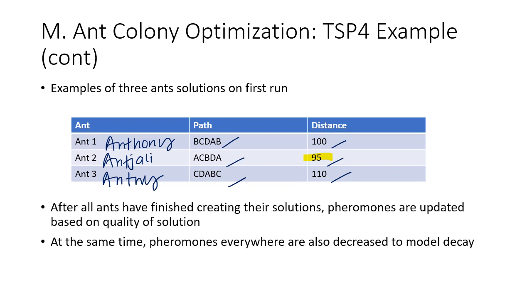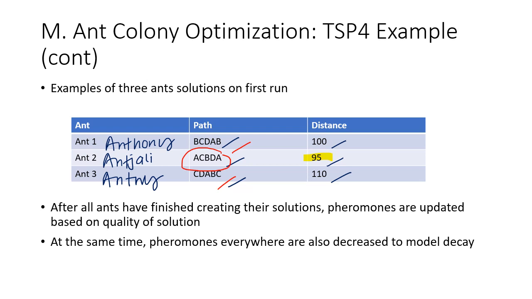Therefore, the path that Anjali took, which is ACBDA, would have its pheromones increase the most. The paths that Anthony and Annie took will also have their pheromones increase, but not as high as Anjali's path.